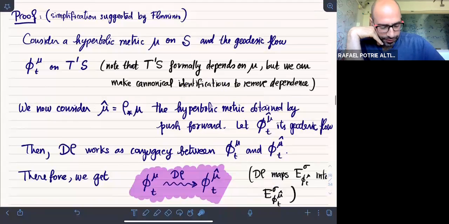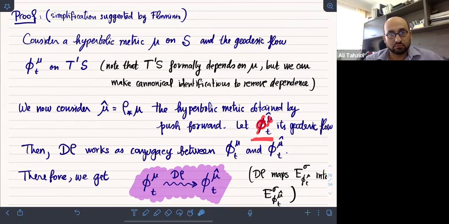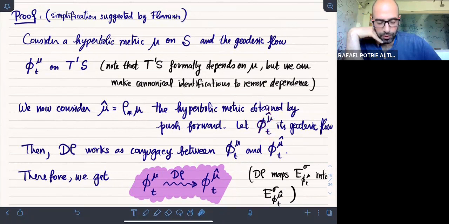So this induces a new metric on the surface, given by the pullback of the metric mu by rho. And we denote by phi mu hat t the geodesic flow of this metric.